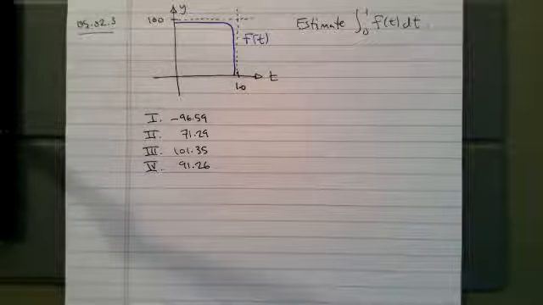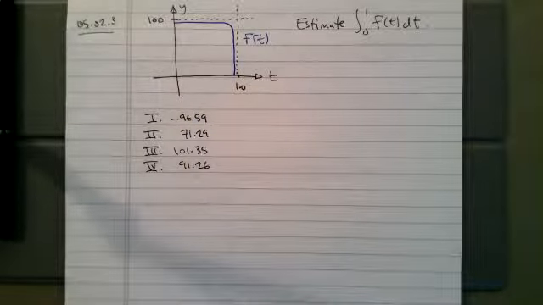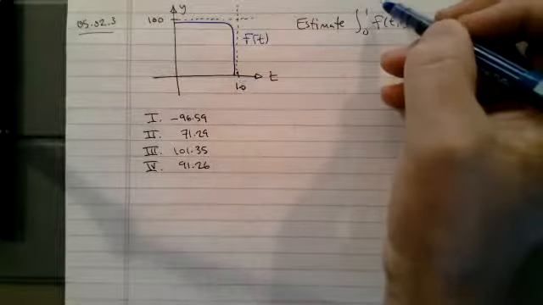And the calculus reason that it's not the first choice is that this is saying the definite integral is negative, but this function is positive on the entire interval from 0 to 1.